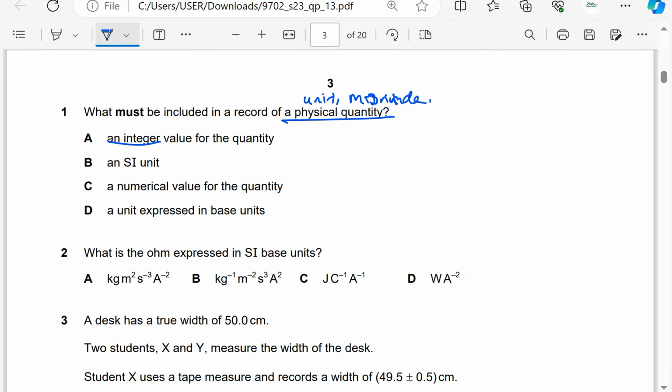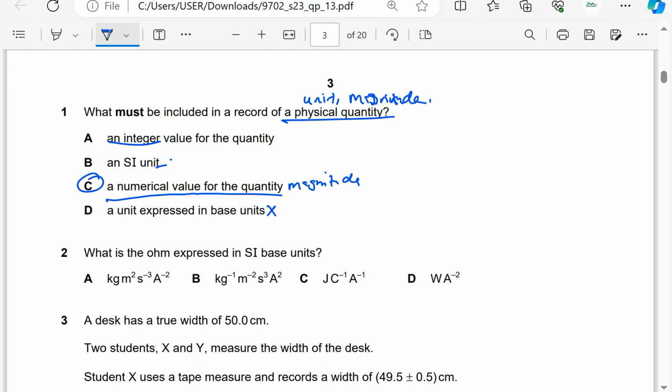An integer could be positive or negative. It should have an SI unit. It may not have an SI unit, but could have a unit. So this is not a must. It should have a numerical value for the quantity. This is the magnitude. A unit expressed in base units. It may not always be expressed in base units, so the answer is C.